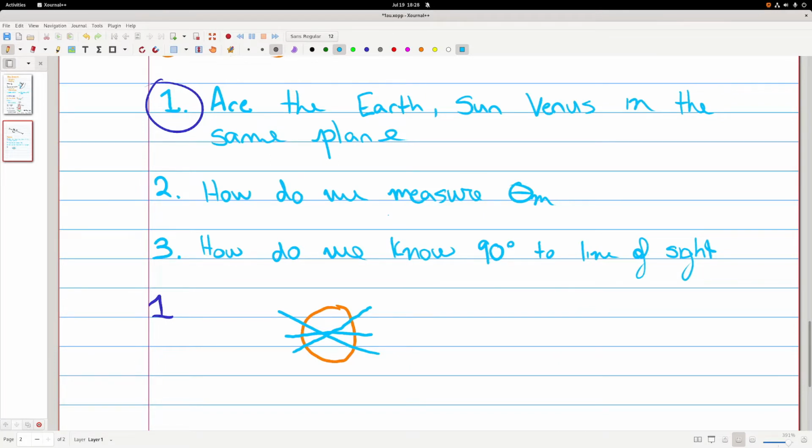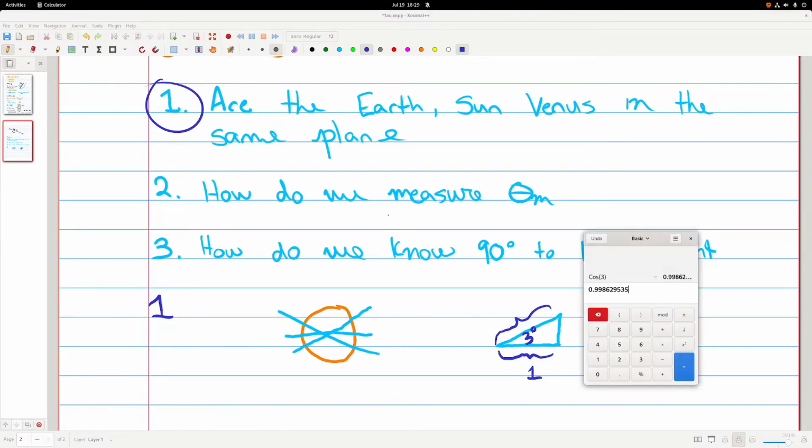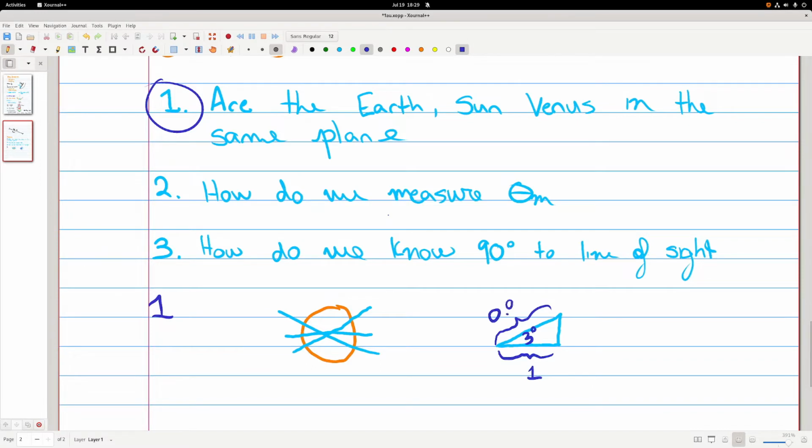And so, 3 degrees, what does that mean to a distance? If we have a distance like this, where this angle is 3 degrees, and let's say that we wanted to measure this, which is 1, then if we were actually measuring this distance, rounding, this is going to give us 0.999.